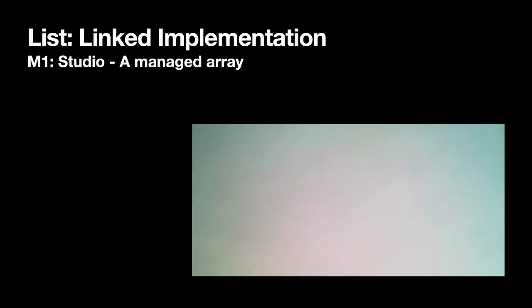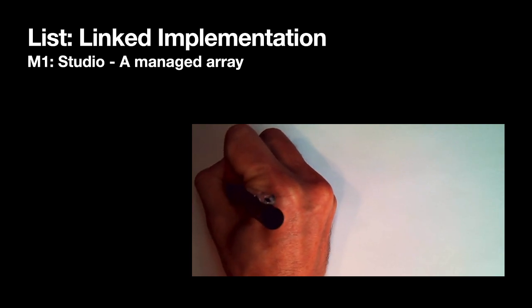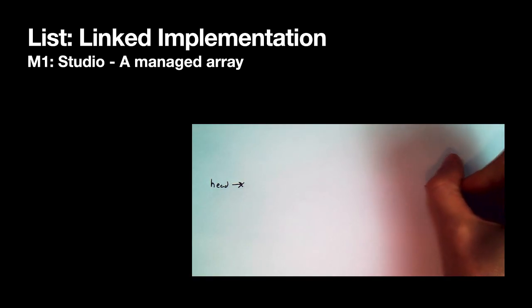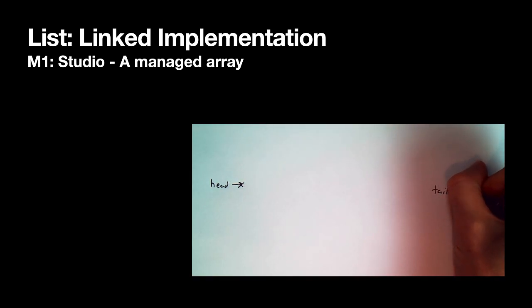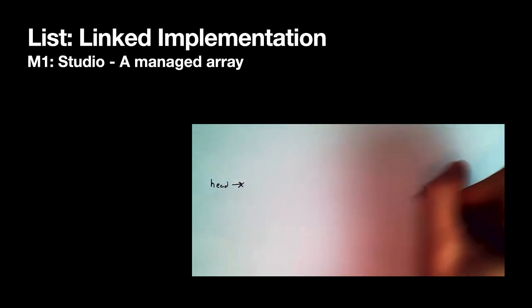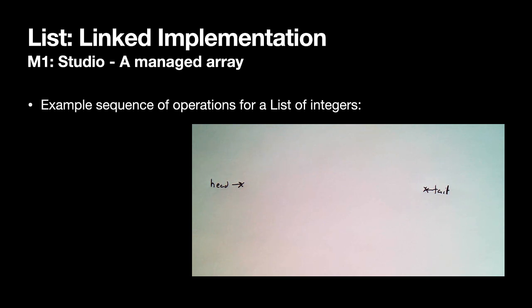So let's begin with our operations. So initially we'll have our head variable. That's going to be a dead end. There's nothing in our list just yet. And the tail will also be a dead end because there's nothing in our list yet. We'll do the exact same operations that we've already done. So we'll add the number 12 to our list.